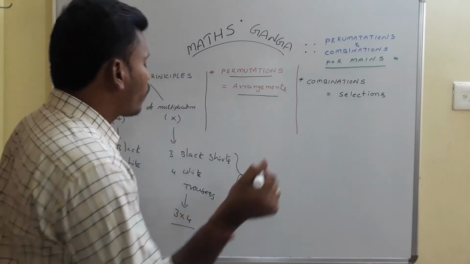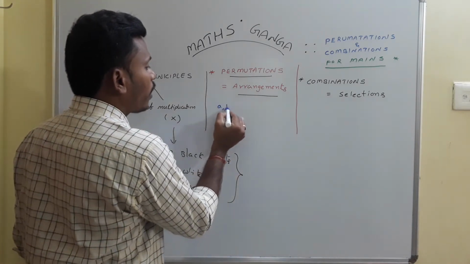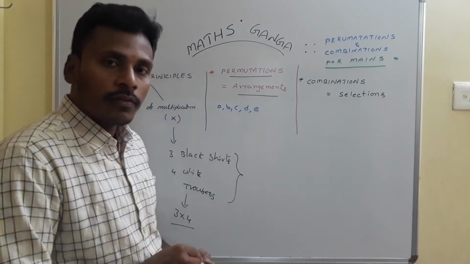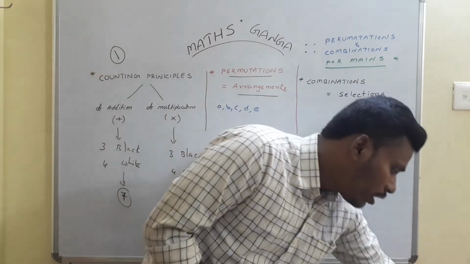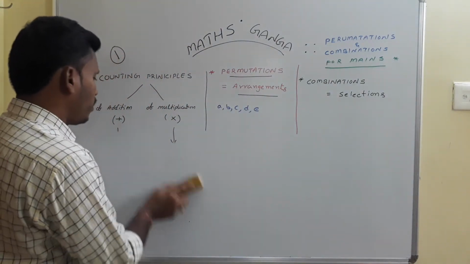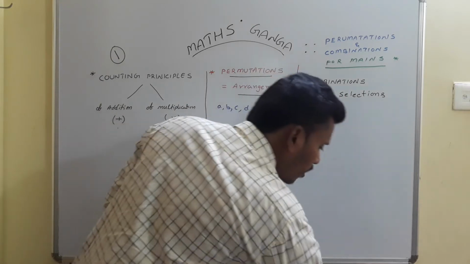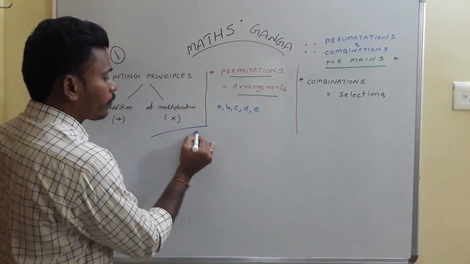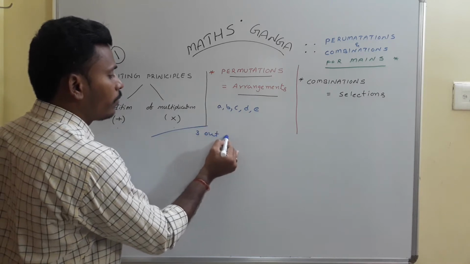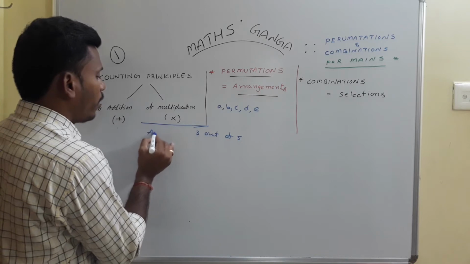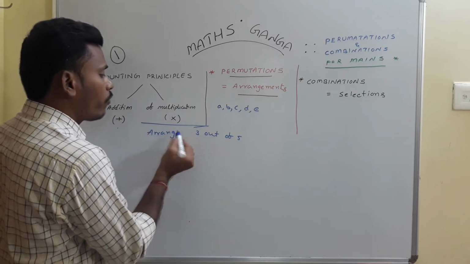Suppose I have 5 objects A, B, C, D, E. Among these 5 objects, I need to arrange 3. So, arrangements or permutations of 3 out of 5.